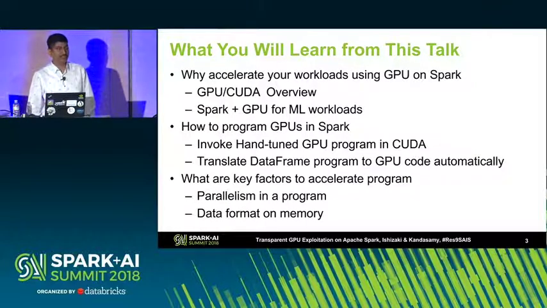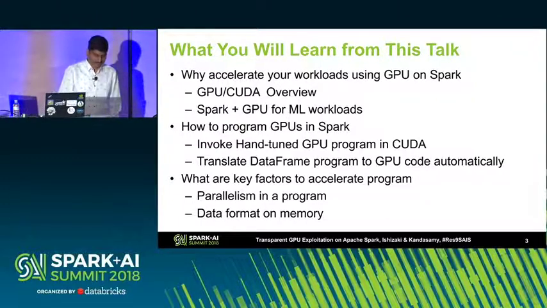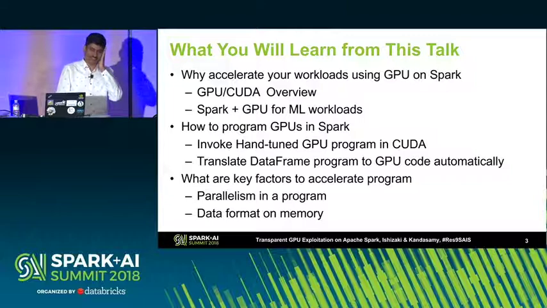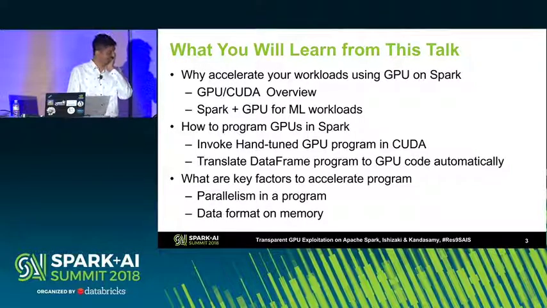The other option is to let the software package generate a CUDA program for you. Then we will move on to how to write an efficient GPU program in Spark. My colleague Ishizaki will explain that, focusing on data parallelism and the importance of data format. We will also give a little deep dive on how these two packages are implemented.